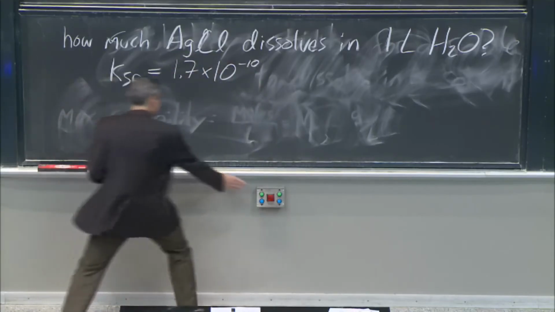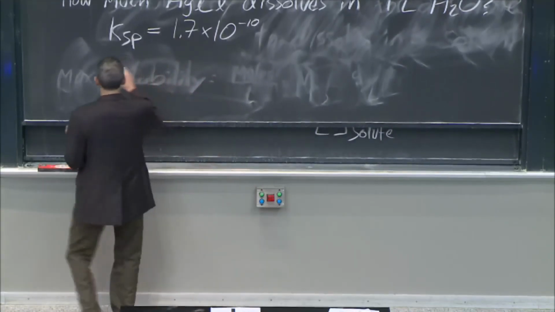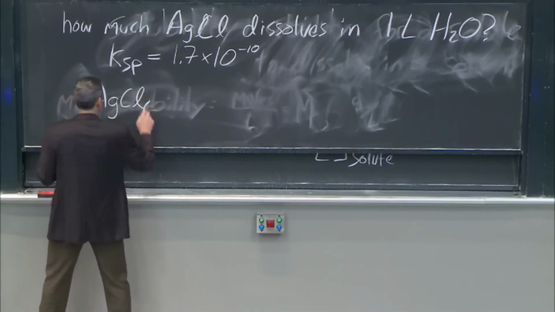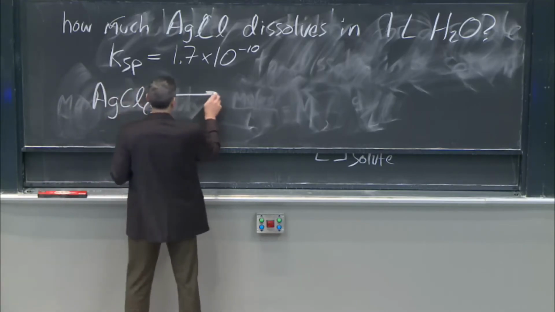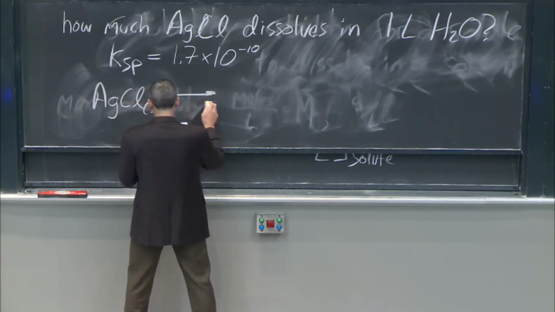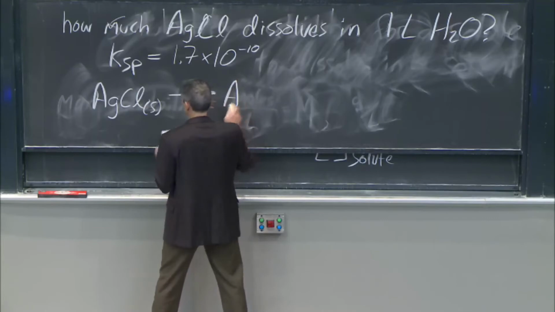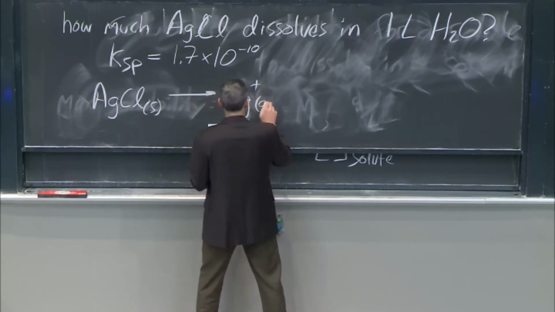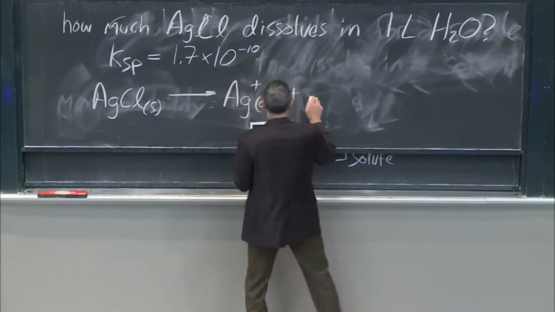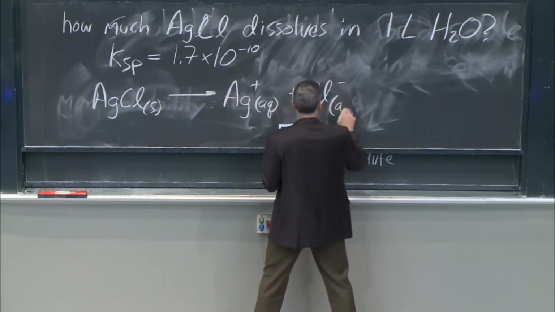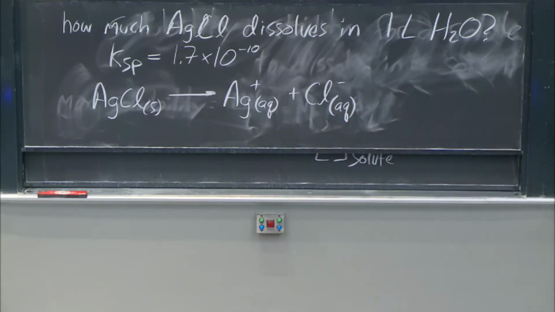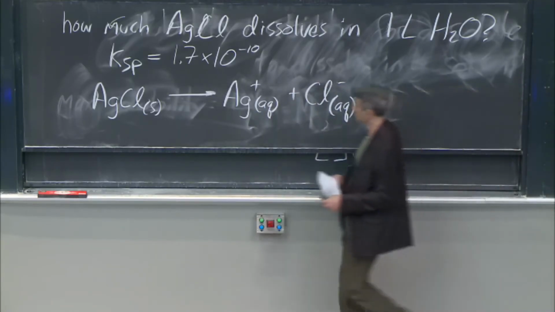Now, if I write down the dissolution reaction, solid AgCl is going to go to Ag+ aqueous plus Cl- aqueous in solution, and it's going to go back and forth.